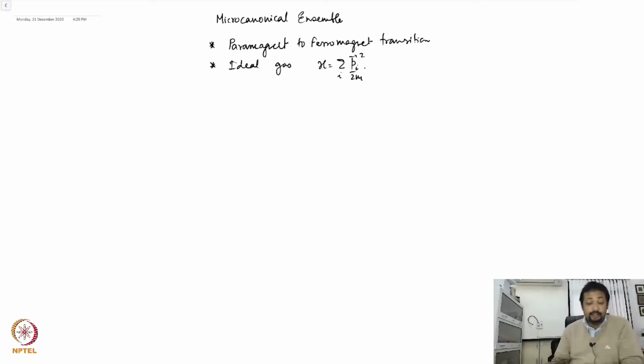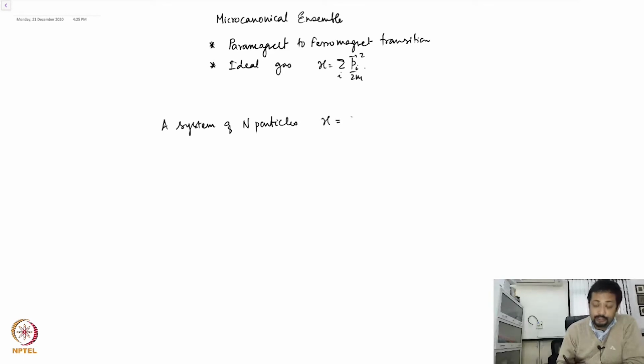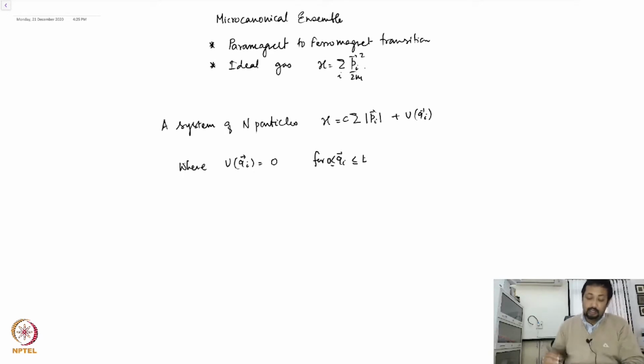In the current lecture, what we want to now focus on is something similar, a system of N particles, the Hamiltonian of which is given by the sum of c times modulus p_i plus U of q_i, where U of q_i is equal to 0 for q_i greater than or equal to 0 and less than or equal to L, and is equal to infinity otherwise.